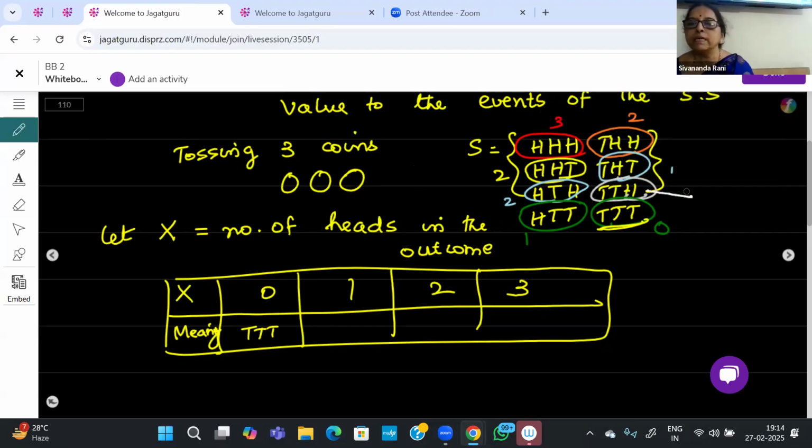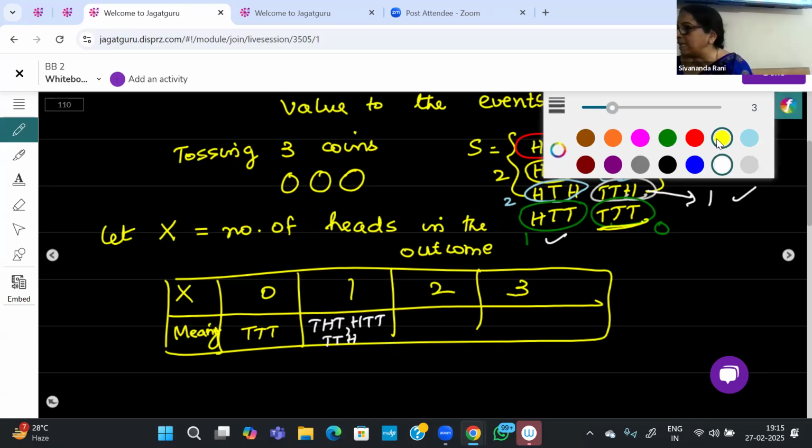So 1, 1, 1. There are 3 sample points which get 1 associated with them. One head, so I need to permute this head: HTT, THT, and TTH. So these are the sample points associated with 1.